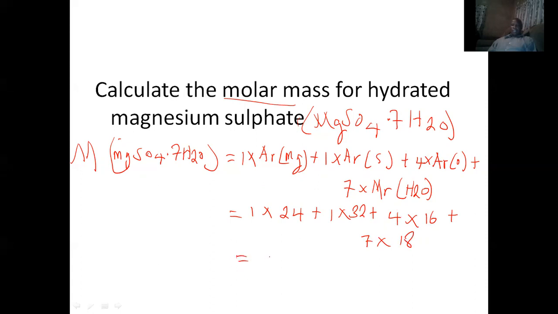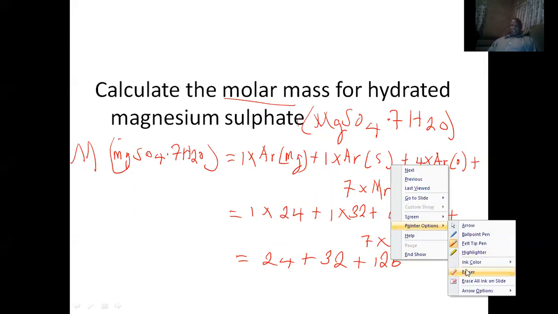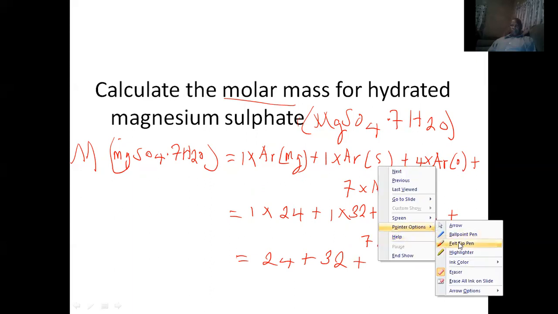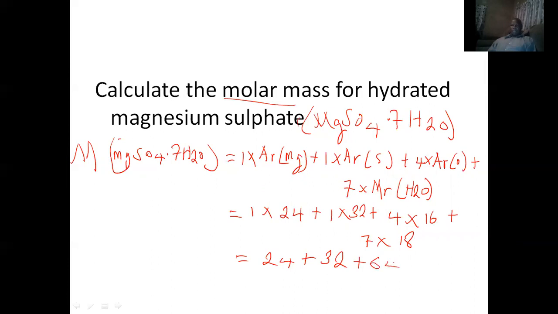So what we get is 24, plus 32, plus 64, that is 4 multiplied by 16, then plus 126.